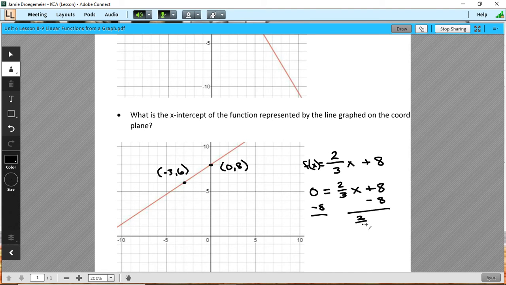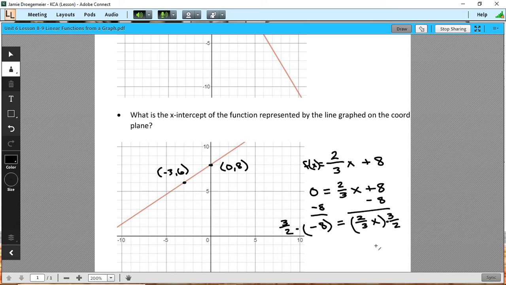That leaves me with 2/3 x equals -8. Then to solve for x, I need to divide each side by that 2/3. Dividing by 2/3 is the same as multiplying by 3/2. Dividing a fraction is the same as multiplying by its reciprocal. So I'm going to multiply both sides of this equation by 3/2.